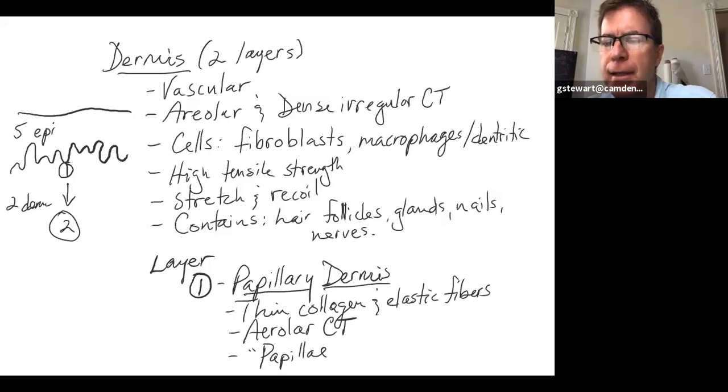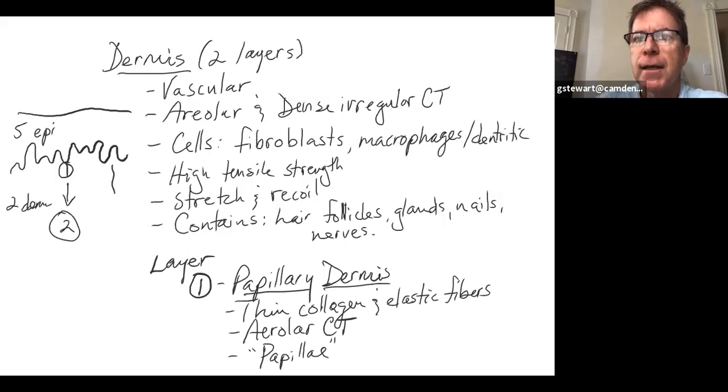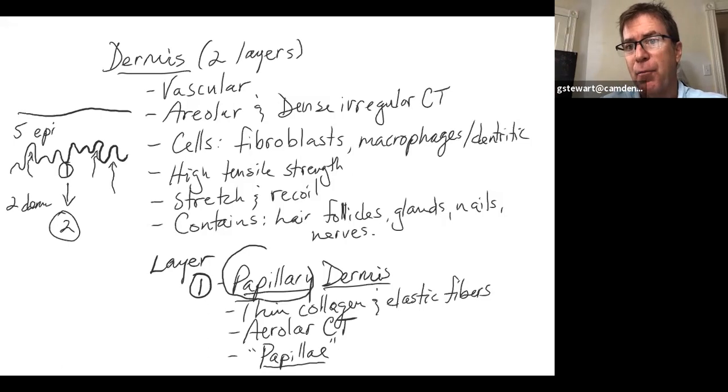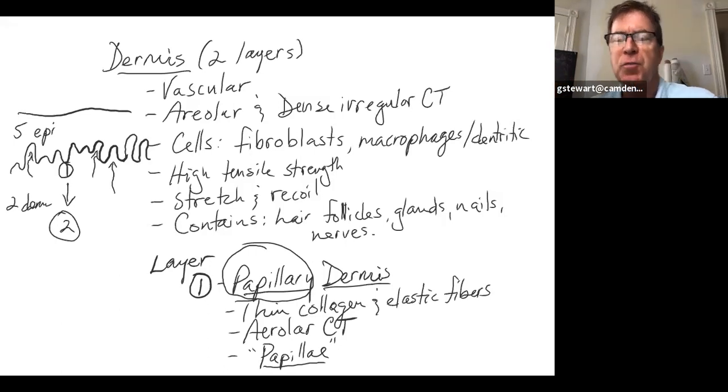If I drop the E, that just means singular. The papillae are finger-like projections. They're just these things that stick up into the epidermis. So these hills that I'm putting arrows under would be called dermal papilla, and that's where this layer gets its name. Papillary dermis are these finger-like projections that go up into the space of the epidermal tissue.